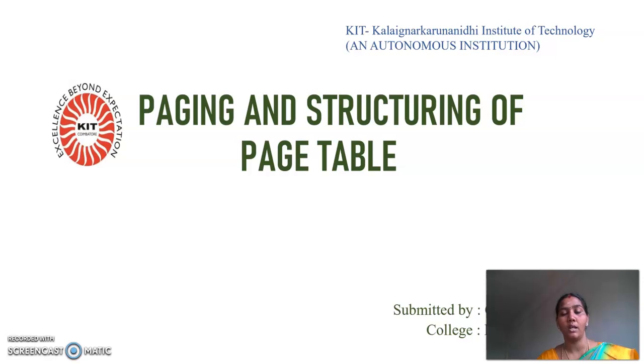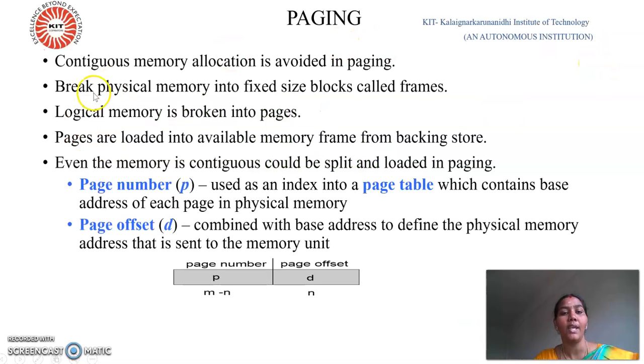Here we come across various disadvantages. These disadvantages are overcome in the paging concept. In swapping, we go in for a contiguous memory allocation system.